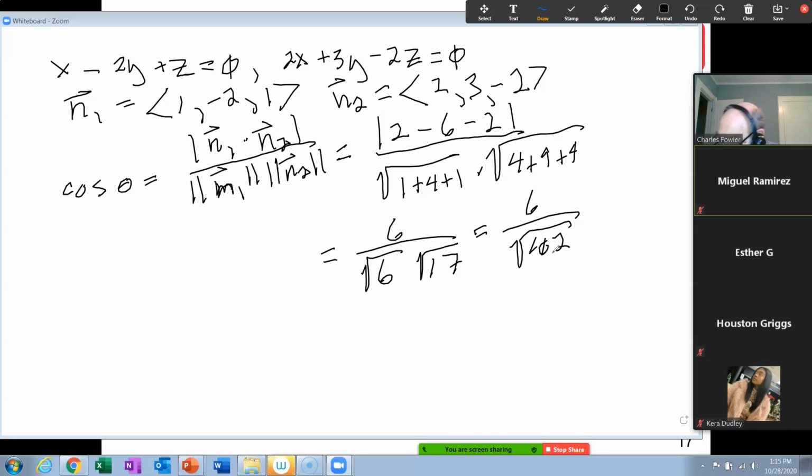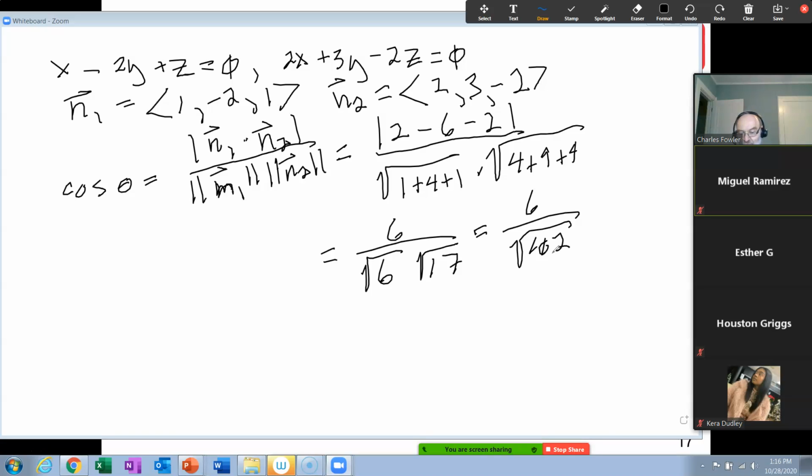So I'm going to pull out my handy dandy phone, which serves as my calculator here, and get my calculator mode going. Turn it sideways because I need square roots in here. So we have 6 divided by the square root of 102.